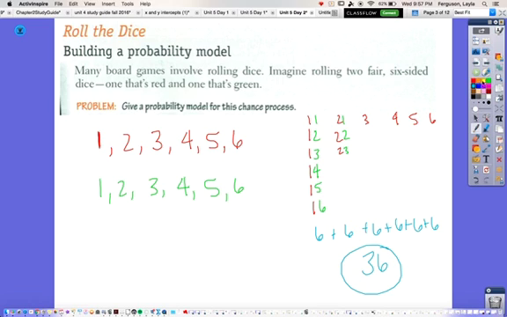You could have also gotten this by saying there are 6 possibilities for red and 6 possibilities for green, and multiplying those together, I would get a total of 36 possibilities.